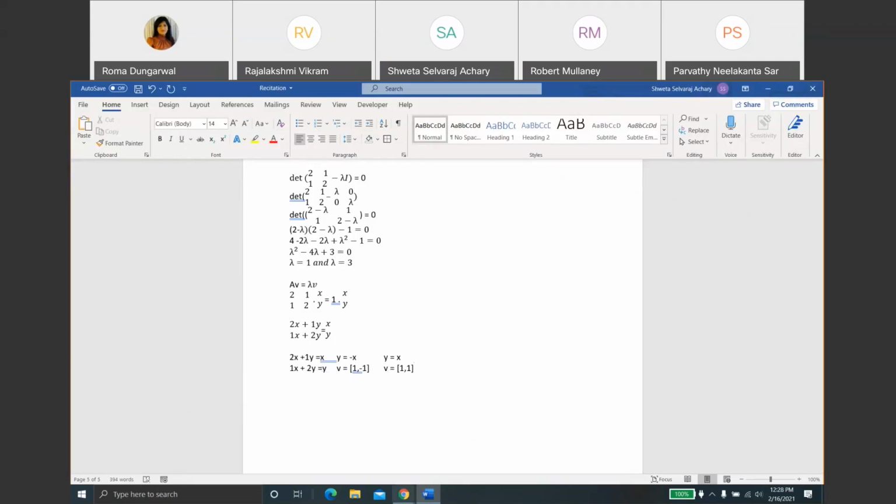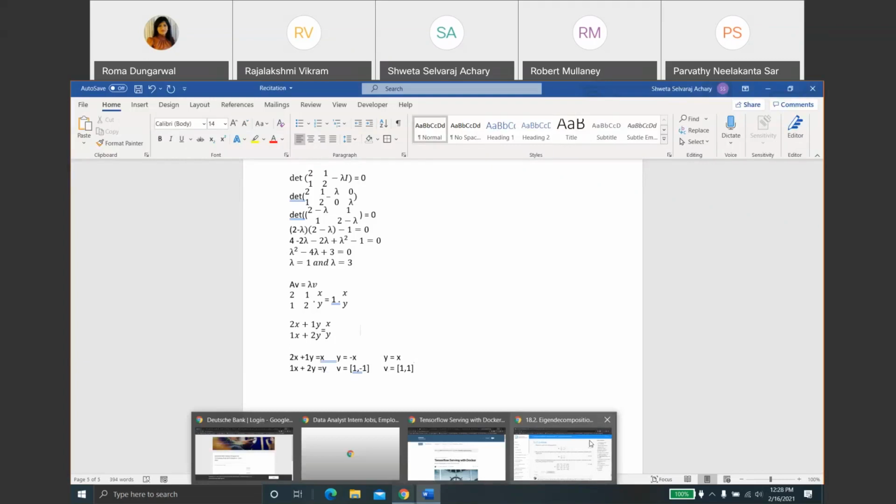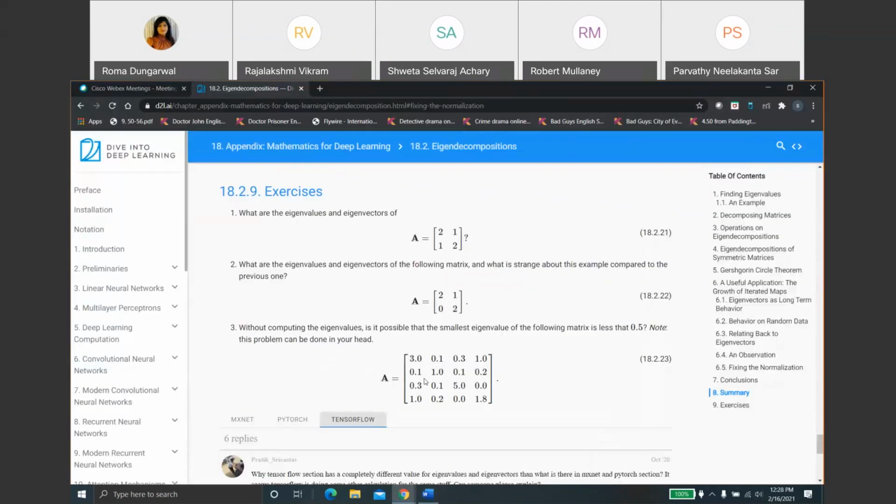Okay, so I think we are almost at the end of our section. This numerical, you will have to solve using the Gershgorin theorem. You can try it out and let me know if you have any doubts.